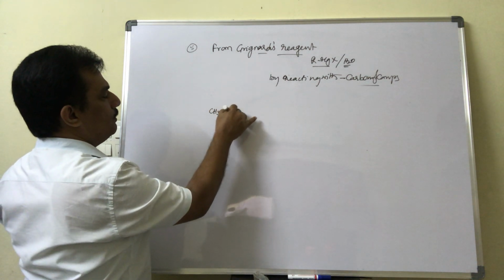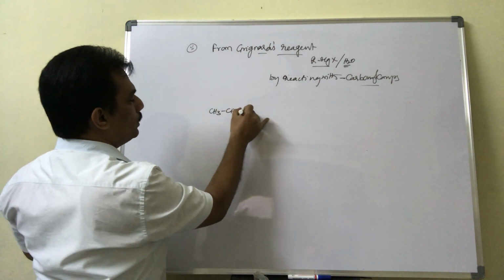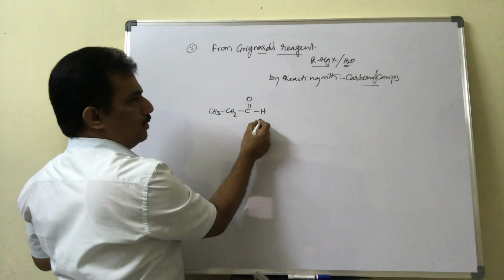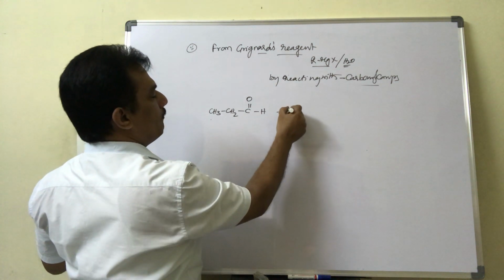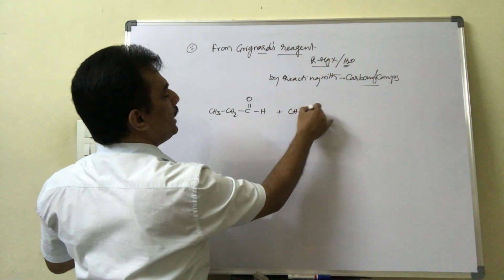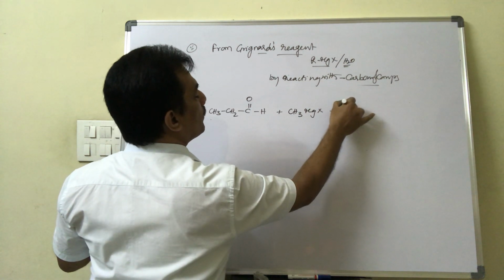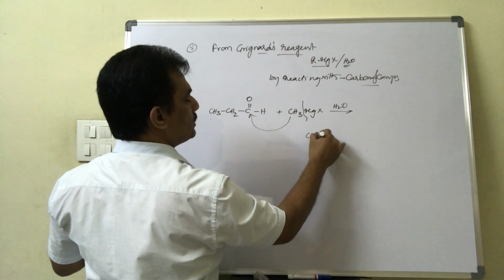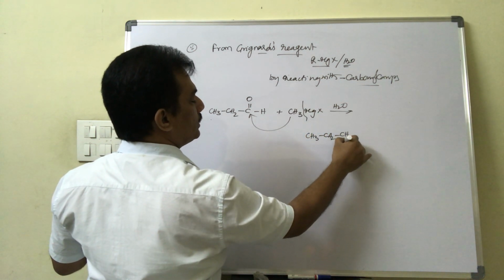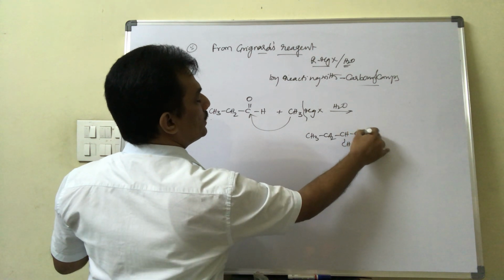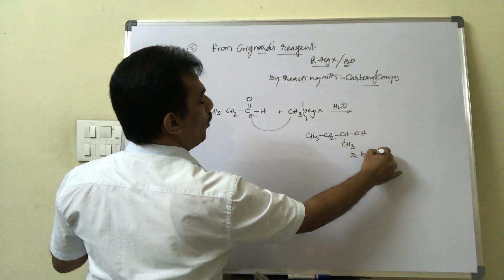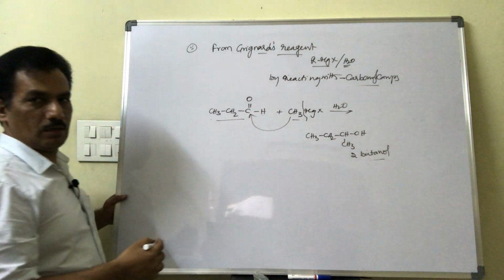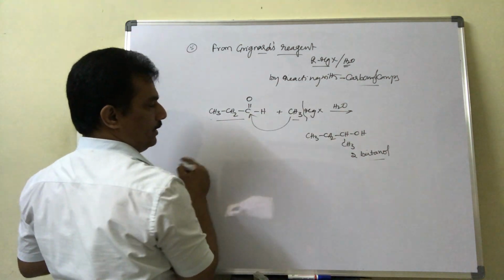If it is CH3CH2C(=O)CH3, it is nothing but butanone. This one, when treated with CH3MgX followed by hydrolysis, this one will go to this, and there what we are getting is CH3CH2C(OH)(CH3)2.